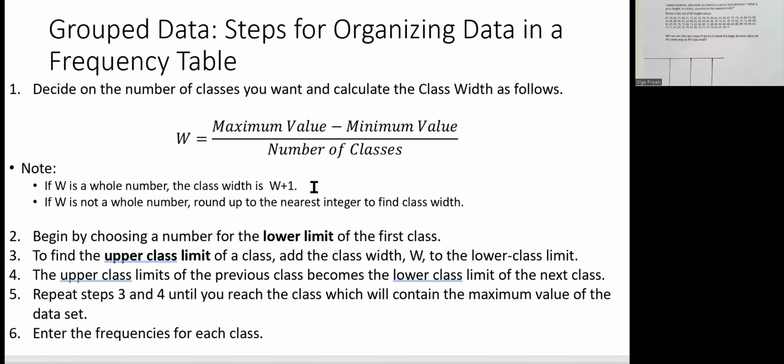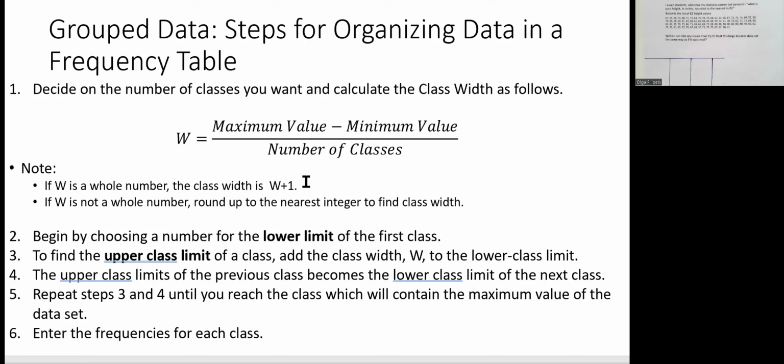Otherwise you're going to end up with a greater number of classes than you originally wanted. And if your W becomes a whole number, then you still have to increase it by 1.